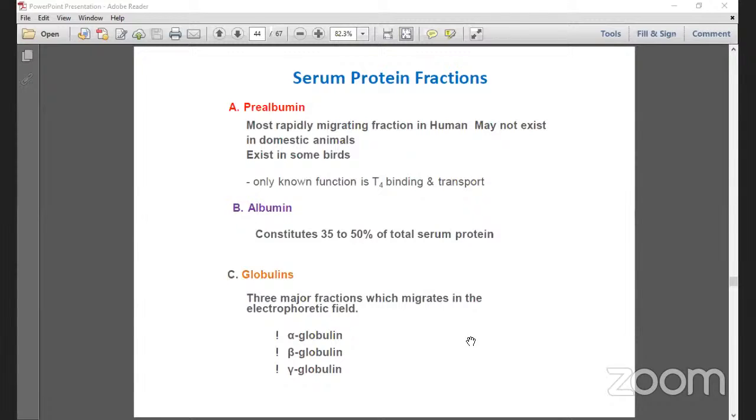For the globulin, there are three major fractions. To differentiate the types of globulin, we have to do electrophoresis. Basically, there are the alpha globulin, the beta globulin, and also the delta globulin. Okay, next one, please.